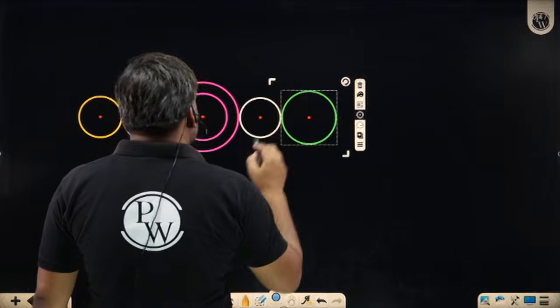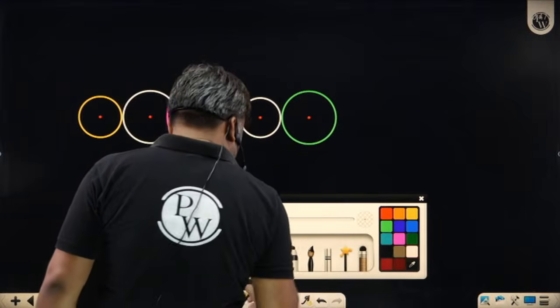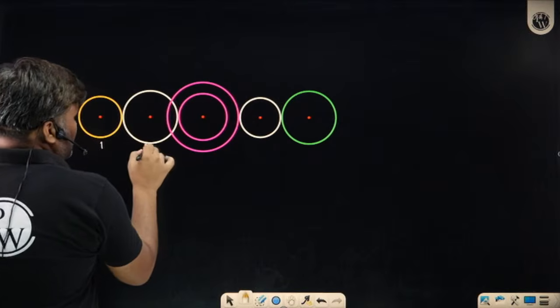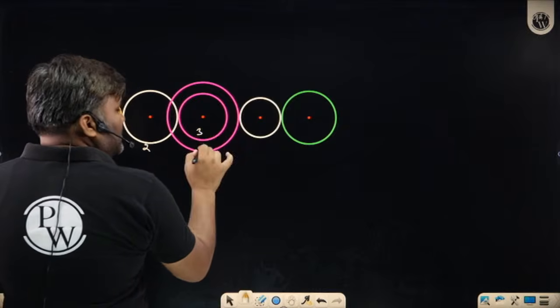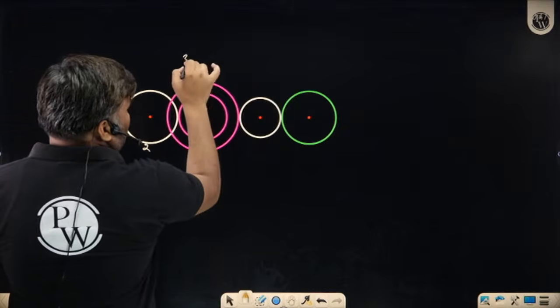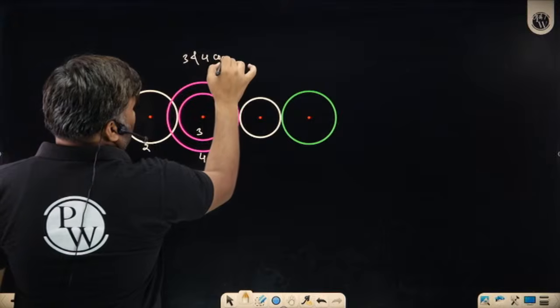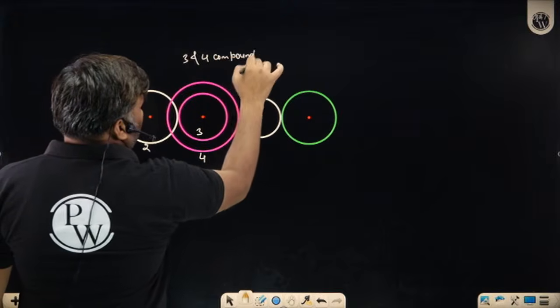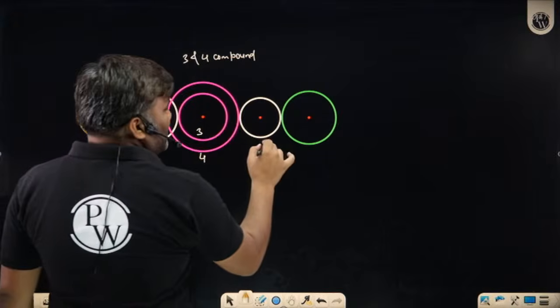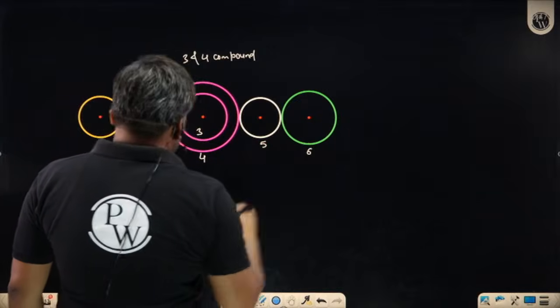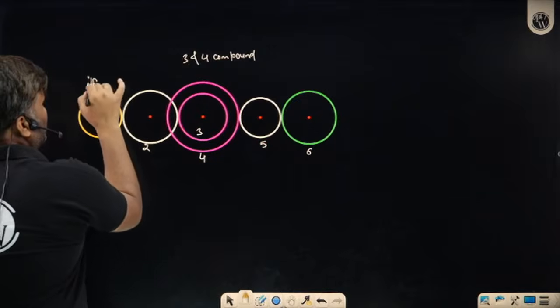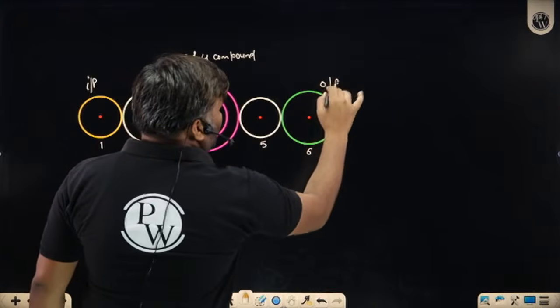Gear 2 is driving 3, 3 rotates, 4 automatically rotates, 3 and 4 are compound. 4 is driving 5, 5 is driving 6. Input I have given on gear number 1, and output I am collecting from here.